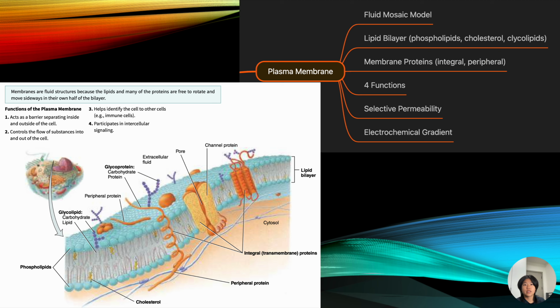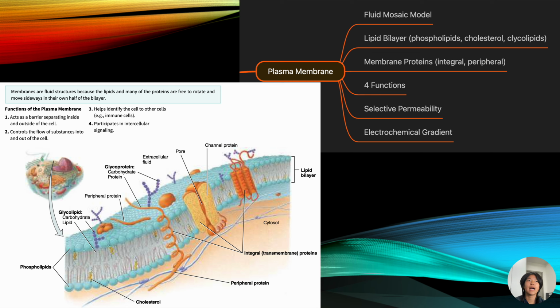Molecules that are really small and relatively nonpolar are really permeable across the membranes. Some examples are oxygen molecules, carbon dioxide, and also small steroids. Water also, because it is a really small molecule.